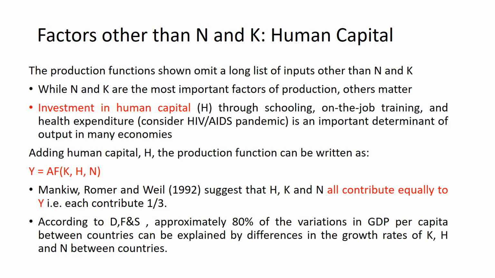Obviously, the most important one would be human capital, the actual quality of the labor force which is being used in countries around the world. And this is why investments in human capital, often shown by a capital H, through schooling, on-the-job training, and even health expenditure, those have all been considered and realized to be very important determinants of output in many economies.